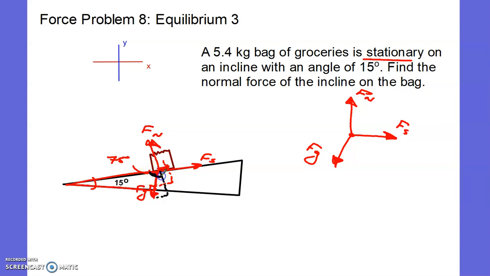All this together is 90 degrees. So if this is 75, that means that this angle here, which corresponds to my free body diagram right here, is also going to be 15 degrees.